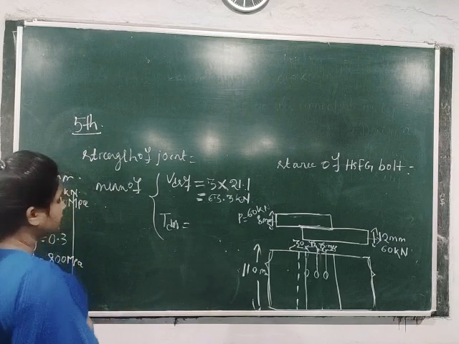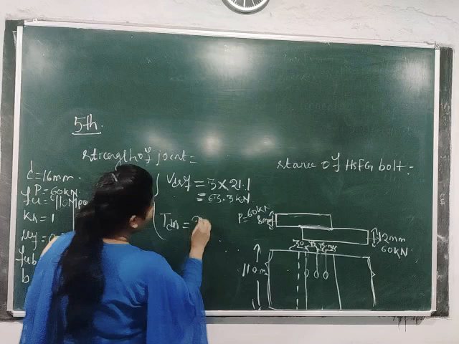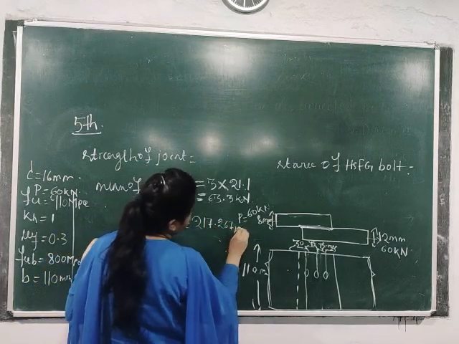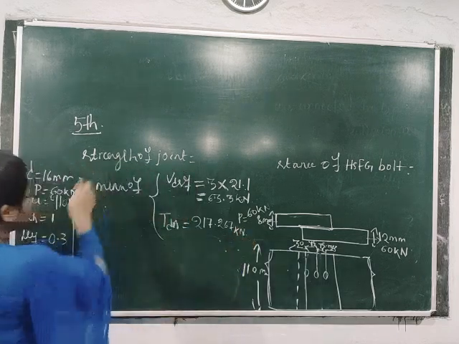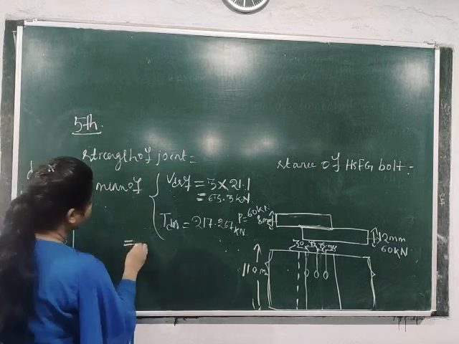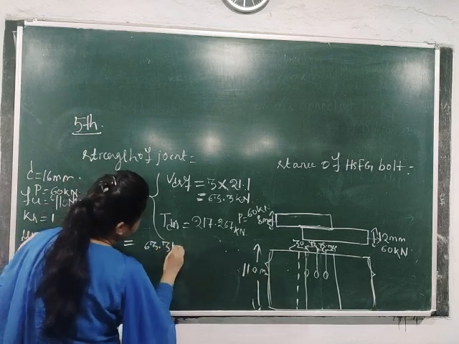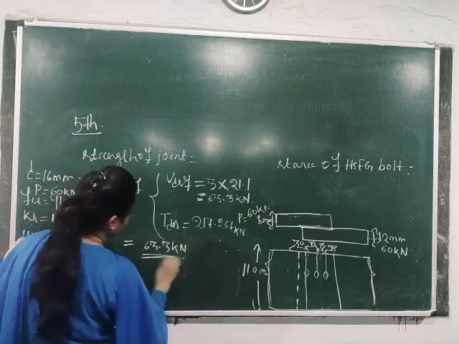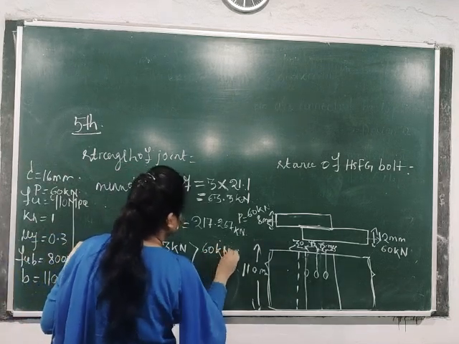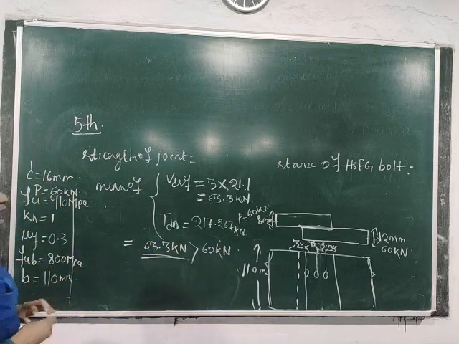And the rupture strength of the plate has come to 217.267 kilonewton. The strength of the joint is the minimum of these two values, so the strength of the joint will be 63.3 kilonewton, and you can see this value is greater than 60 kilonewton. 60 kilonewton is the external applied load which is to be transmitted by the joint.